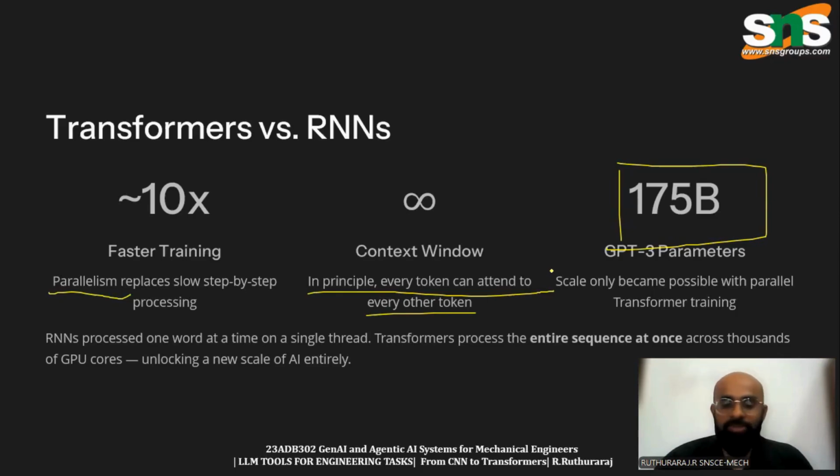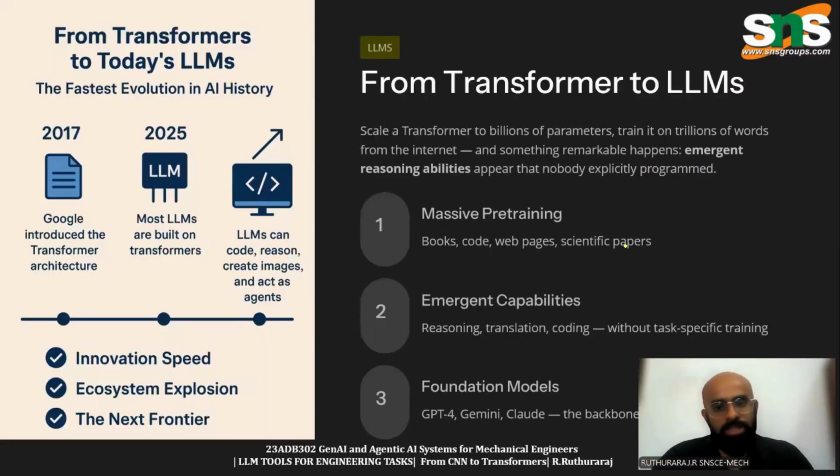Before transformers, we were talking about parameters in millions, but with transformers the parameters became billions. So such very large models were made possible. That's the introduction to the transformer. In the upcoming lectures, we'll discuss large language models. Thank you.